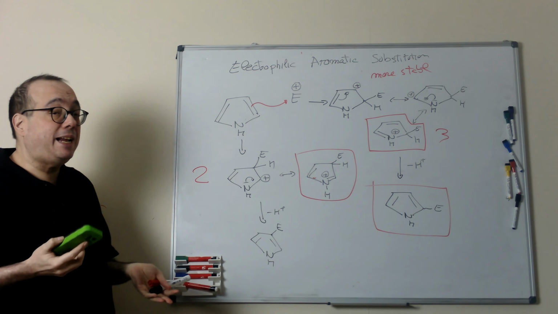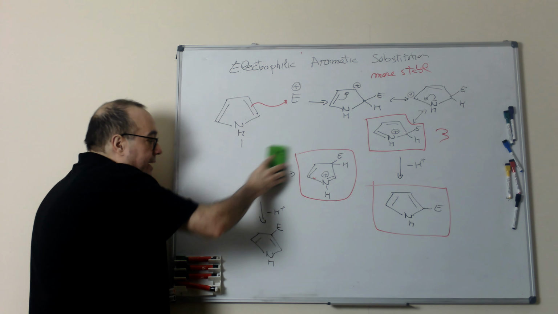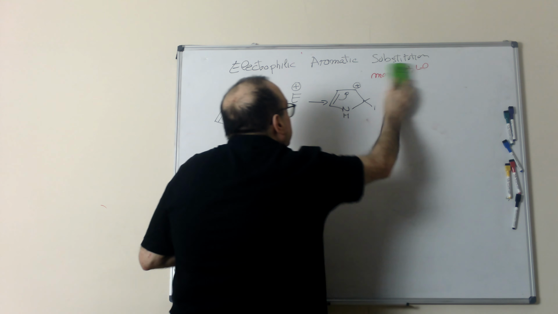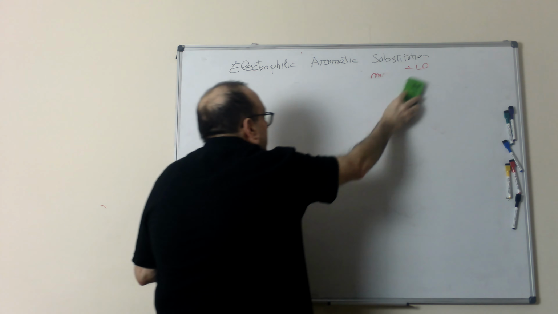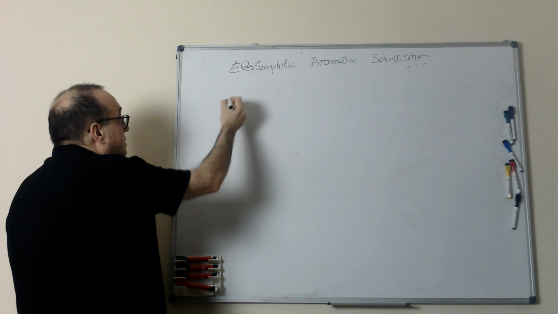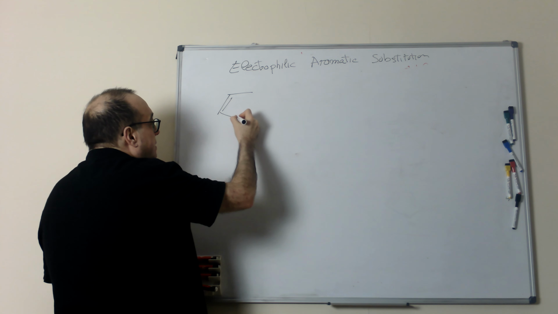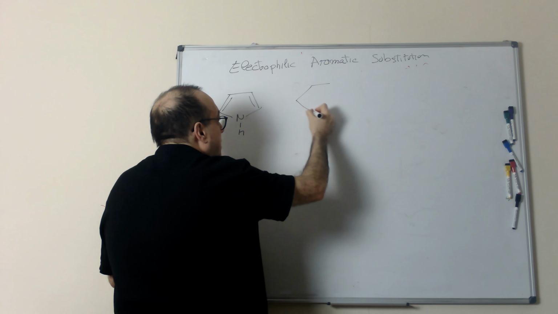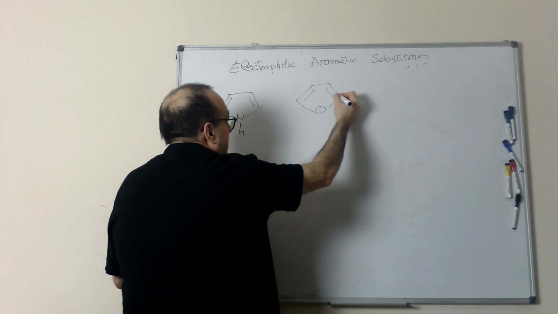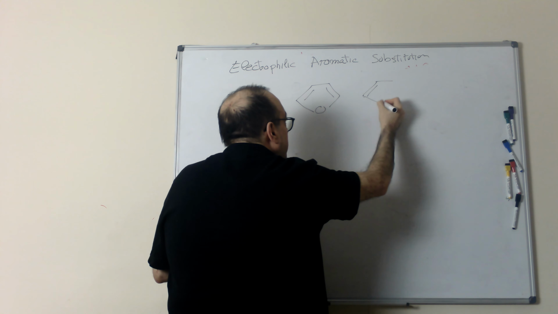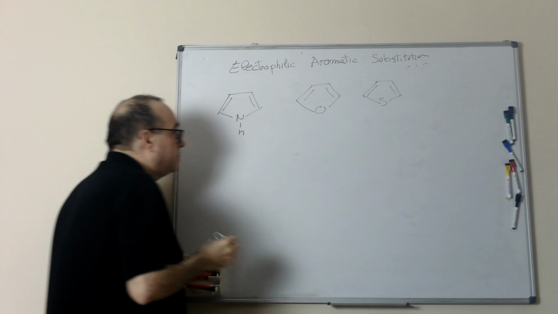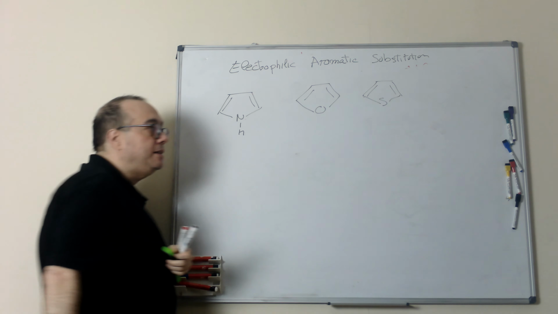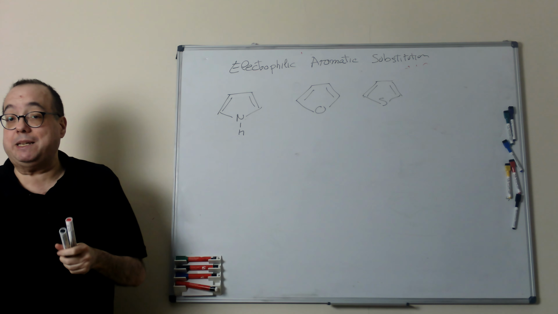This is exactly the same in the case of the other heteroaromatics that have 5-member rings. For example, all these compounds: Pyrrol, furan, and thiophene will have the same reactivity.